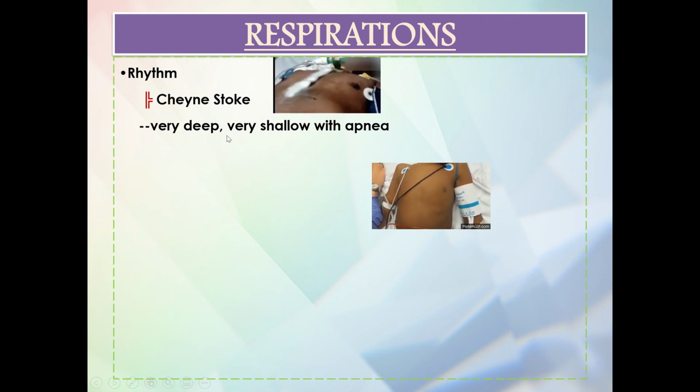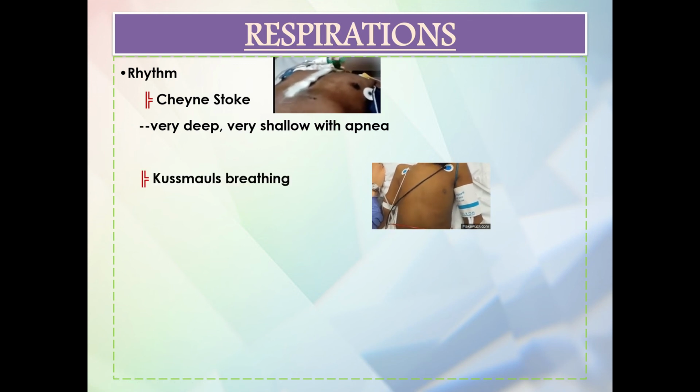It is characterized by very deep breaths, then very shallow breaths, and then apnea. The patient breathes very deeply, then very shallowly, then has periods of apnea. For example, they breathe very deeply, then it becomes very shallow, then a period of apnea, just like in the video.